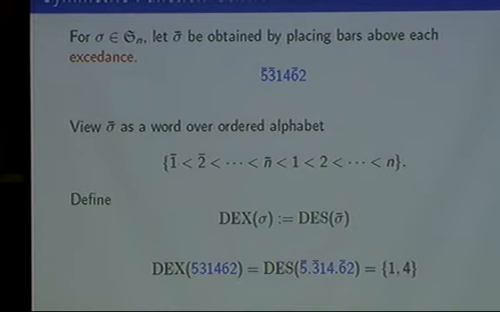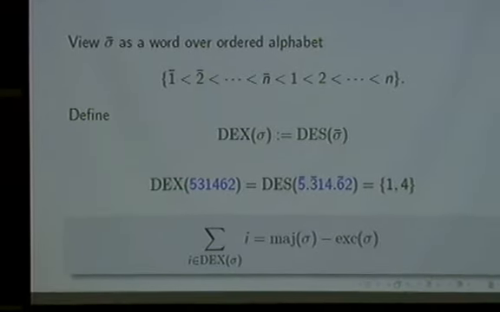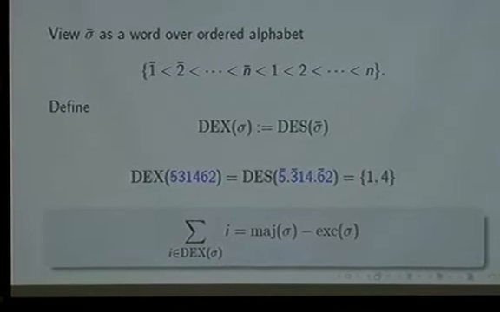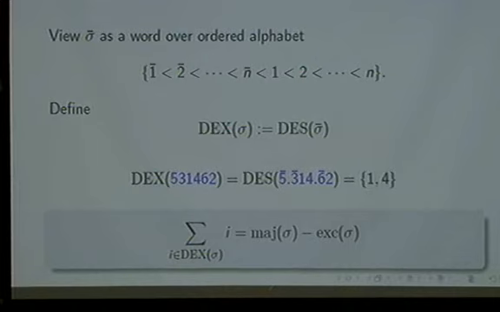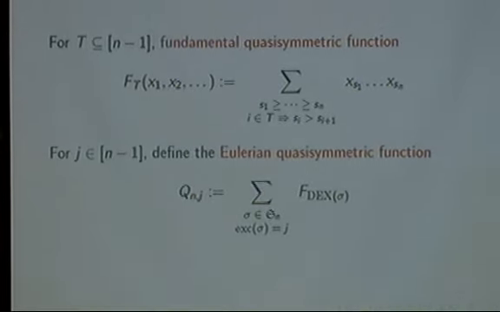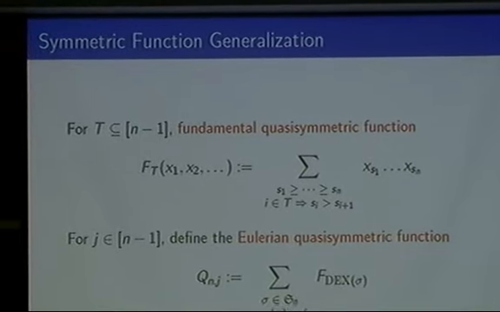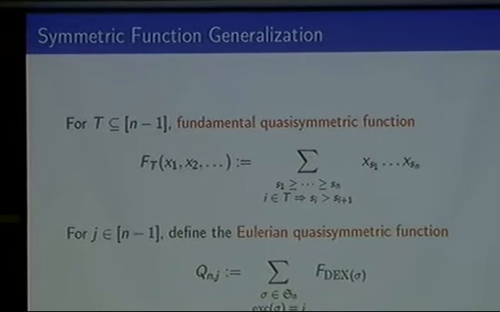And it seems like a strange thing to do, but it actually has the following nice property, and that is that when we sum over all the elements of the dex set, we get the major index minus the exceedance number. So it's not such a strange thing. Okay. Next, we look at these quasi-symmetric functions.